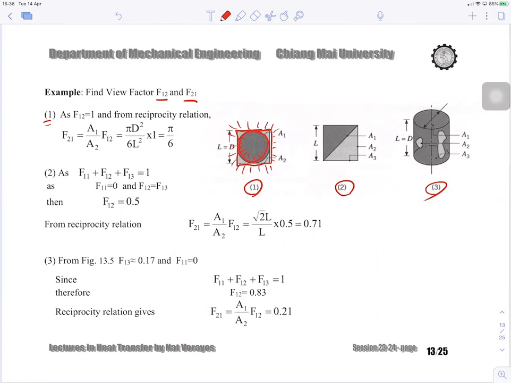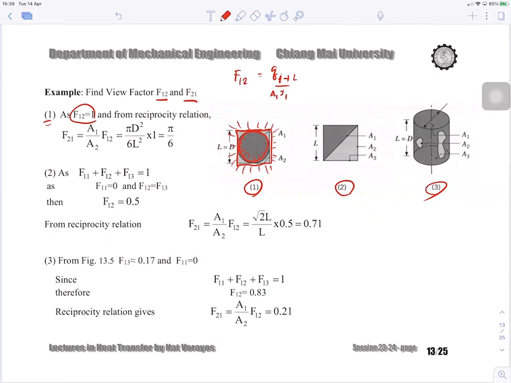So right away, by intuition, F12 equals 1. Why is that? Right, once again, F12 is Q1 to 2 over A1 J1, right? So this is the definition of F12.